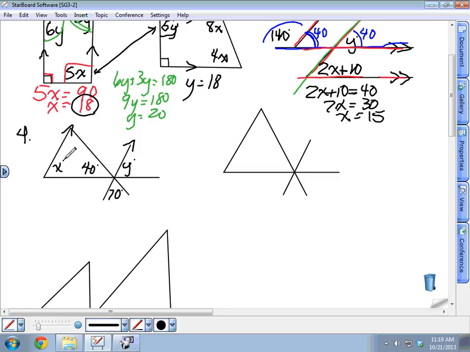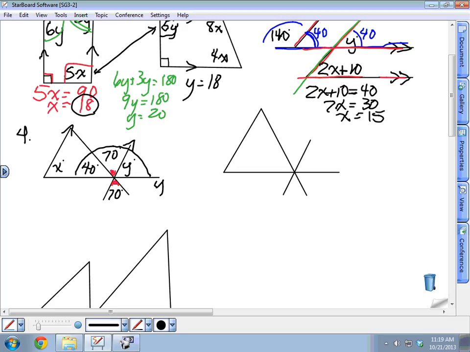So we have two parallel lines. We also know that, if you look at it, 70 and this angle are vertical angles, aren't they? So we know that this angle over here is 70. And now we also know that 70 and 40 plus y is equal to 180.